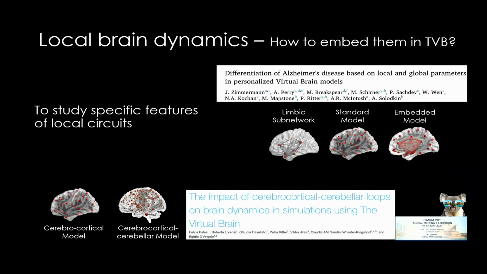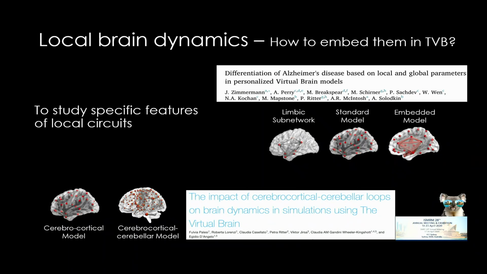Now, it's important not only to understand the functional dynamics of the whole brain, but also to remember that some local brain dynamics exist, and in particular different structures of the brain do different things.